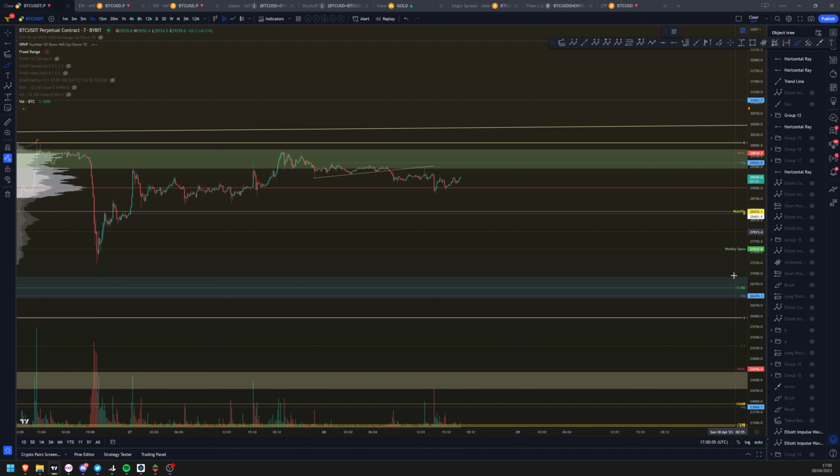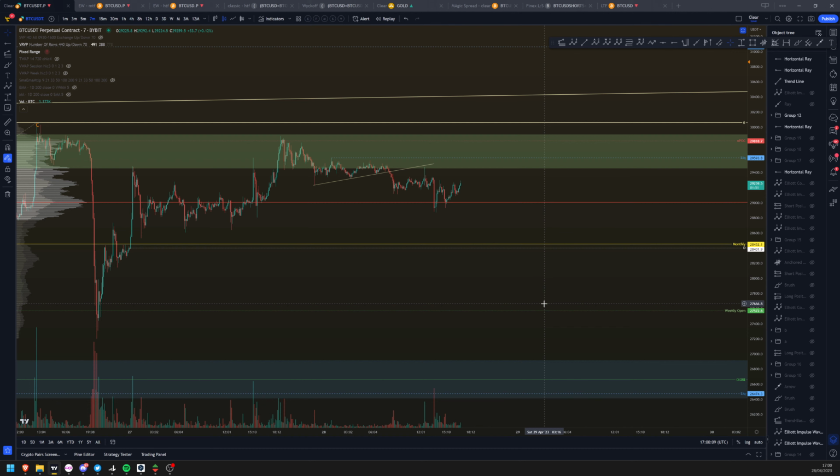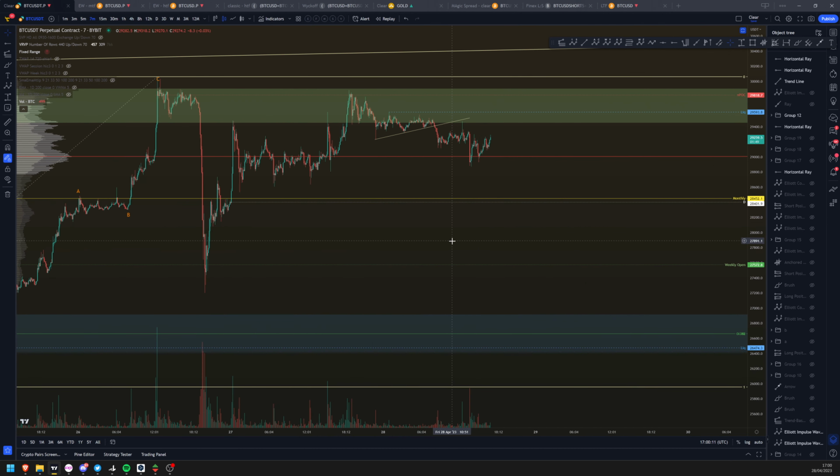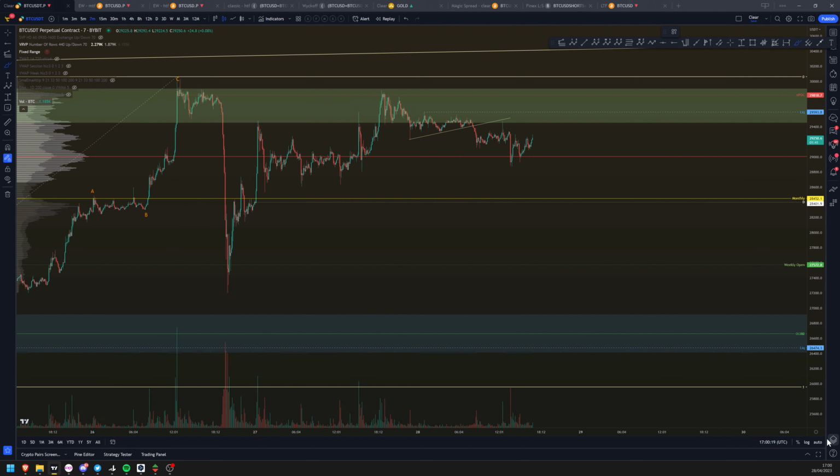Well, what do I do now? I mean, I think best bet is to keep playing this as a range and maybe not expect too much expansion here.